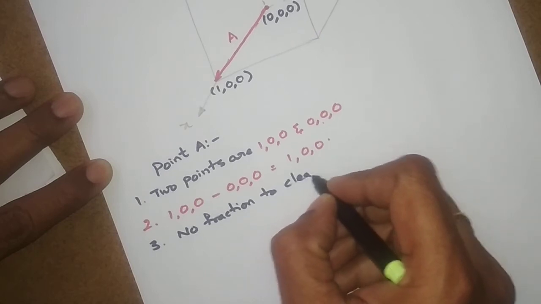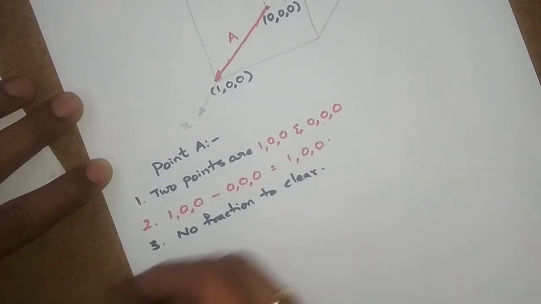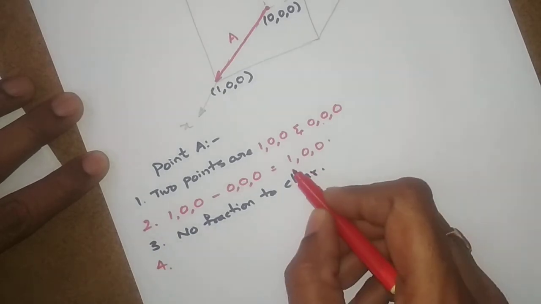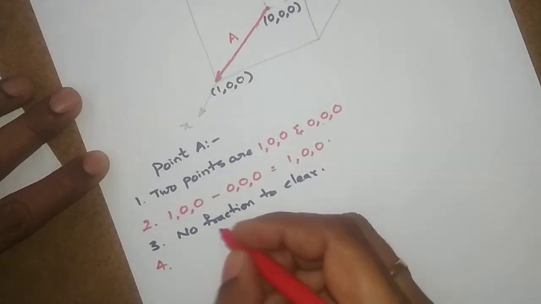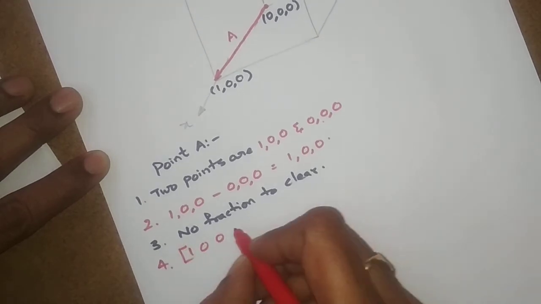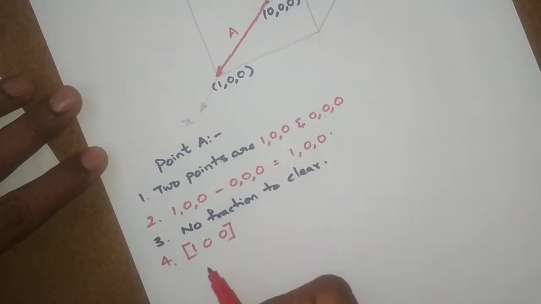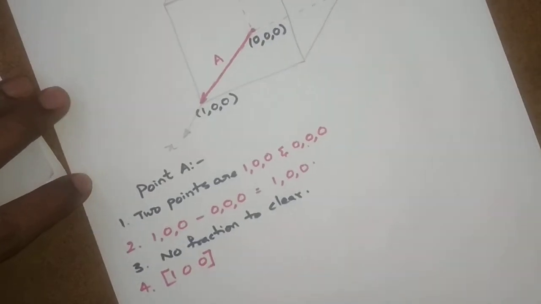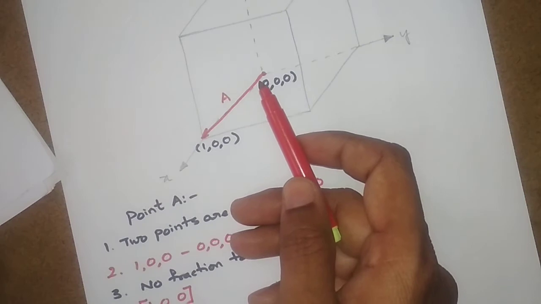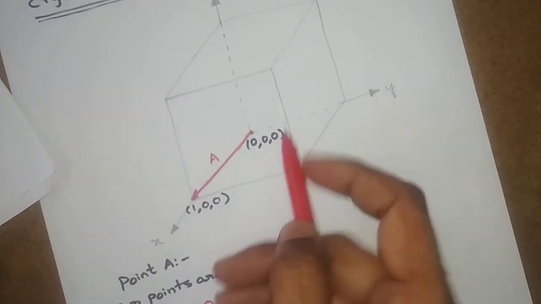And the last step is to enclose them in square brackets. So 1, 0, 0, enclosed in square brackets, gives the Miller indices for direction A.